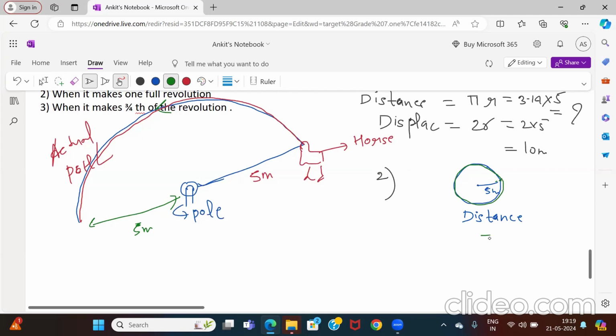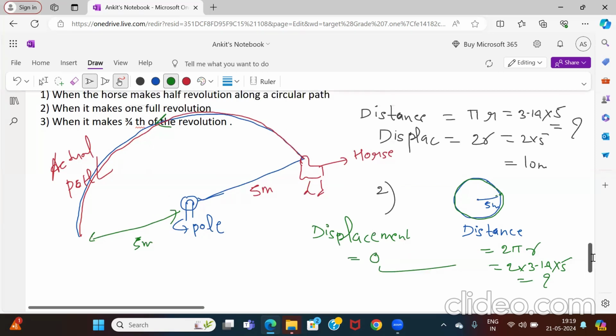Then distance is 2 pi r. Pi is 3.14, r is 5. You can solve, it is 31.4. Displacement is 0 because you came back to the same location. Initial and final positions are same. Displacement is 0. Understood? Yes, sir.